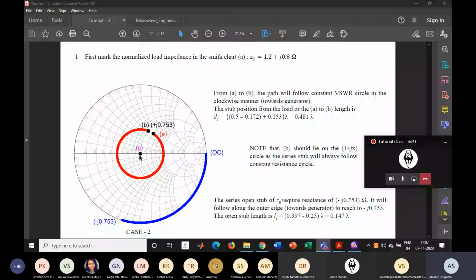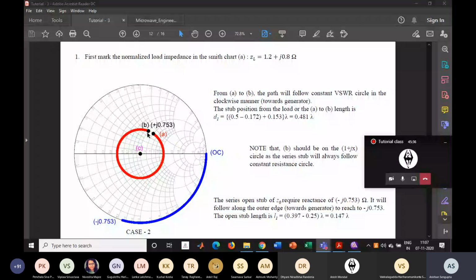Here the equation is 0.5 minus 0.172 plus 0.153, or you can take the values from here also, because this will give you 0.25. From this point to this point you calculate the value by 0.25 minus this point, and from this point if you connect here, from this point to this point you will get the actual value because this is 0.